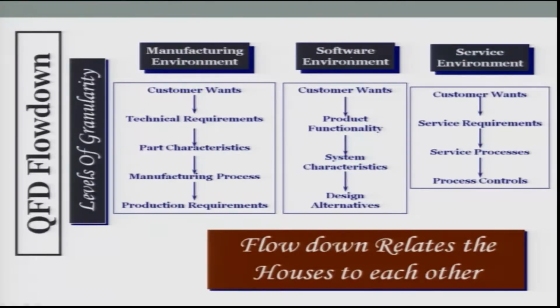There would be manufacturing processes and production requirements specified for that. When you come to the software environment, it relates to customer wants, product functionality, system characteristics and design alternatives. Similarly, the service environment relates to customer, service, processes and requirements, and process controls.